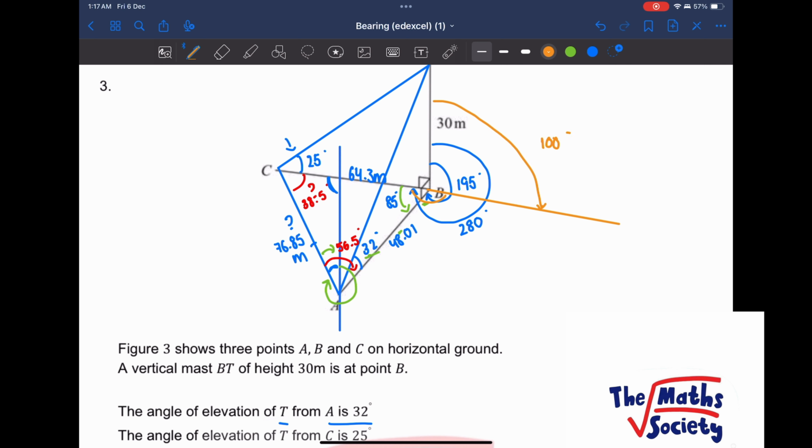And because these lines and these lines are parallel, we know that this is also going to be 100 degrees. And when it's opposite, this angle also has to be 100 degrees.